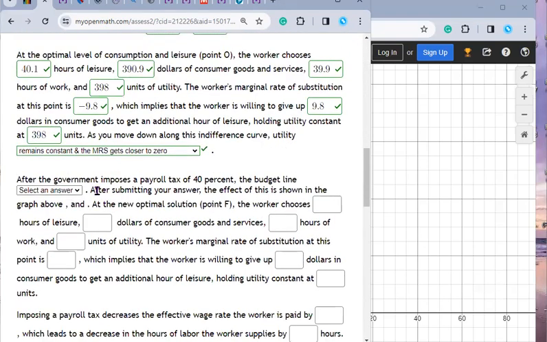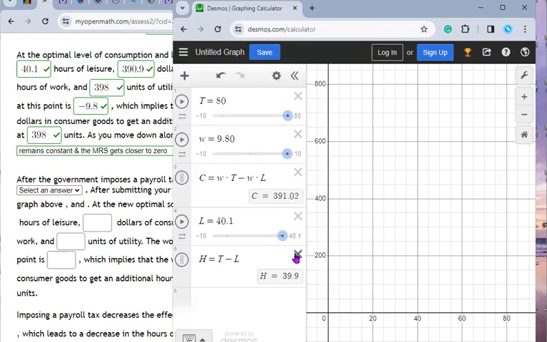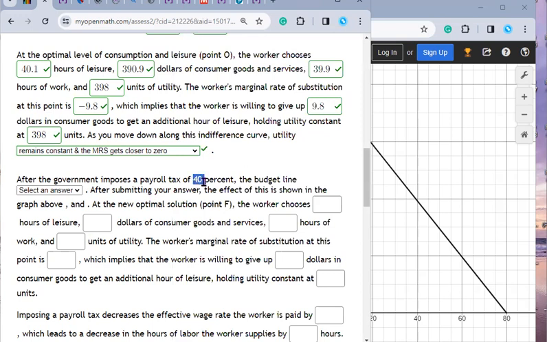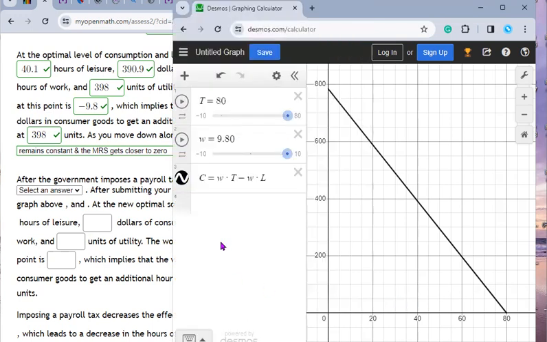Now, after the government imposes a payroll tax of 40%, what's going to happen to the budget line? So to do that, we're going to delete this and delete that and get back to our budget line, right? So the government's going to impose a tax of 40%. What does that mean? Well, if the wage is $9.80 and you tax it 40%, which is 0.40, the person ends up paying $3.92 of tax on that $9.80 in earnings, right?